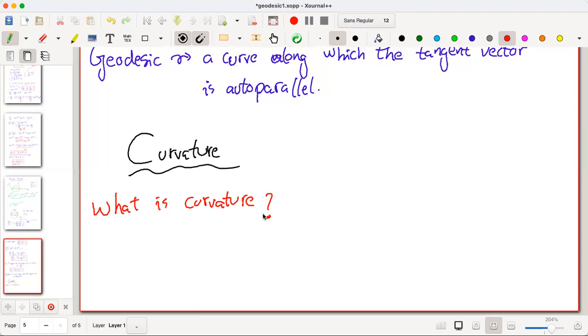And we can determine whether a two-dimensional object is flat or curved since we are three-dimensional creatures. Now, in that sense, we determine curvature by looking from the higher dimension.